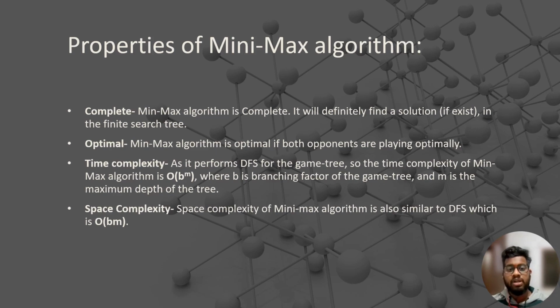As it performs DFS for the game tree, the time complexity of the min-max algorithm is O of b to the power m, where b is the branching factor of the game tree and m is the maximum depth of the tree. The space complexity of the min-max algorithm is similar to DFS, which is O of b times m.